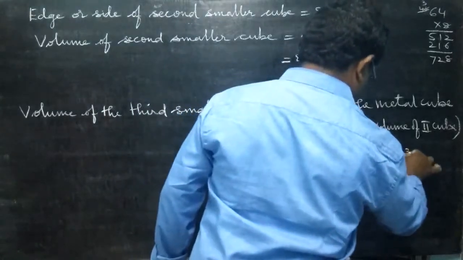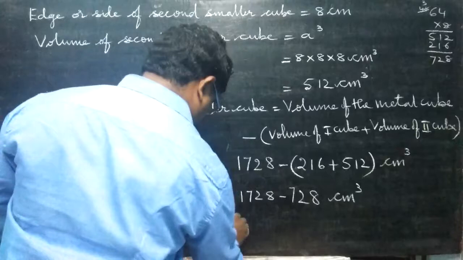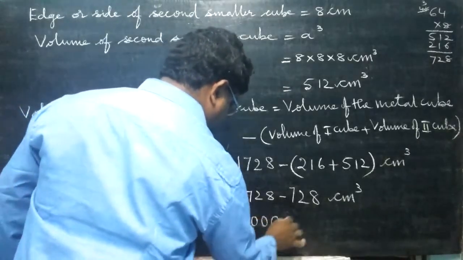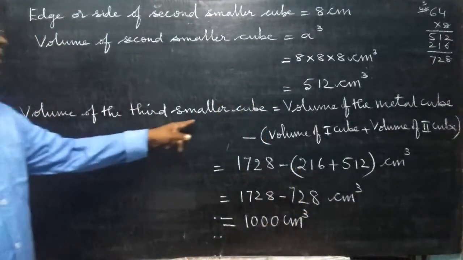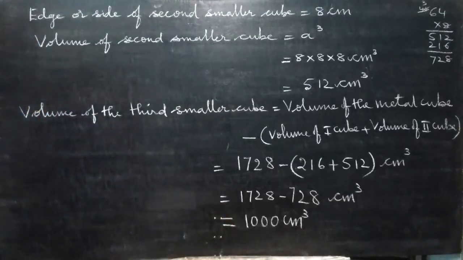Don't forget centimeter cube. If you subtract, how much you'll get? 1000 centimeter cube. This is the volume of the third smaller cube.